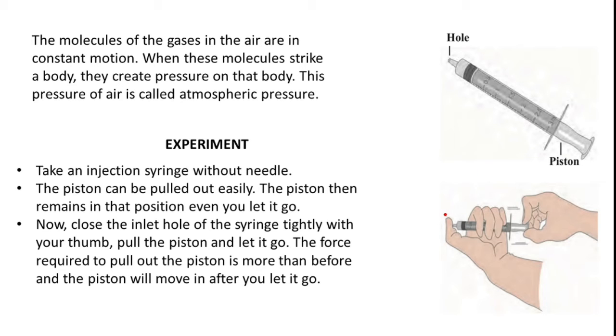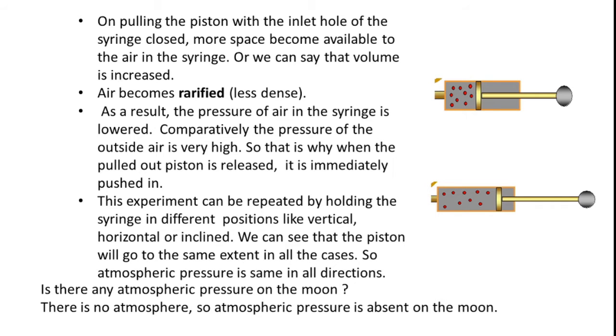So you can see in the picture. The force required to pull out the piston is more than before and the piston will move in after you let it go. So let's see the reason. On pulling the piston with the inlet hole of the syringe closed, more space becomes available to the air in the syringe.